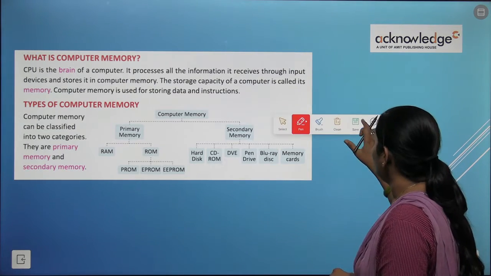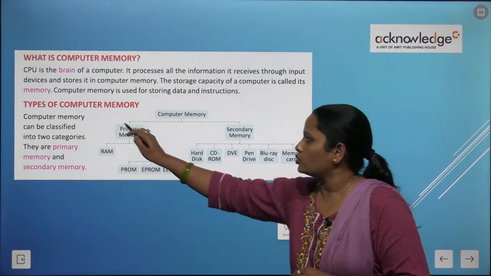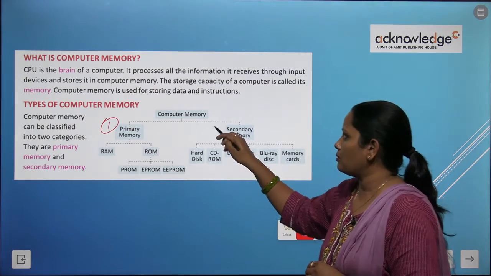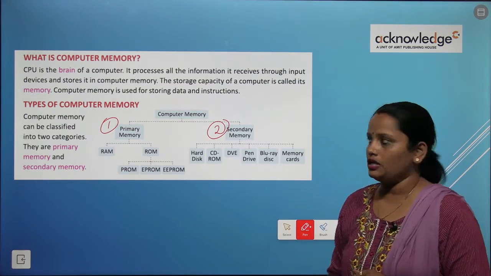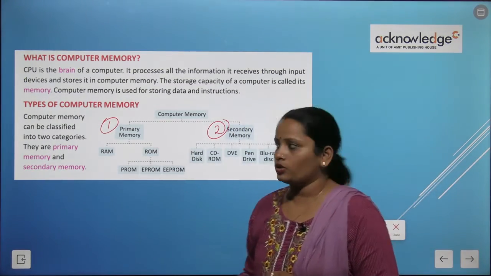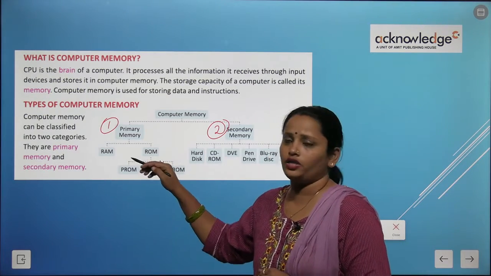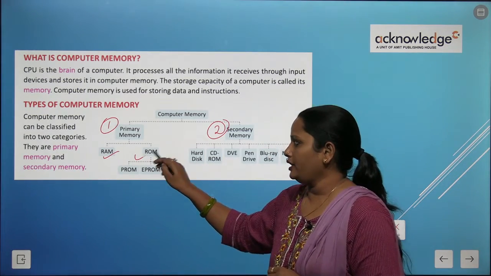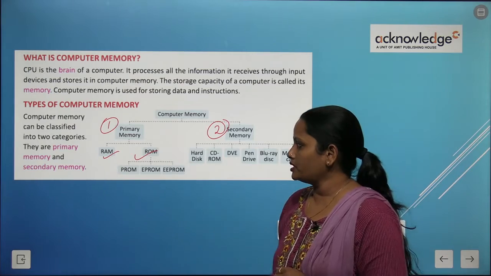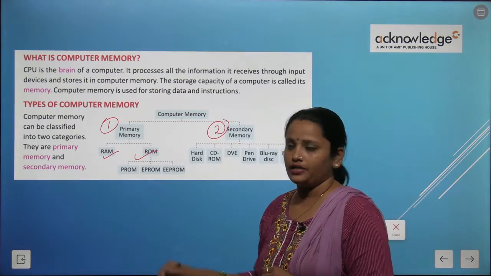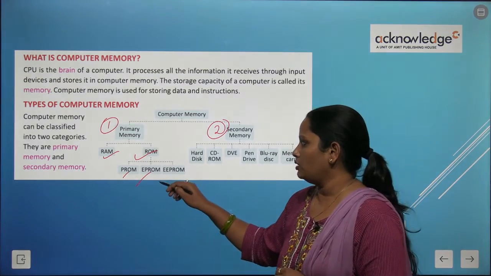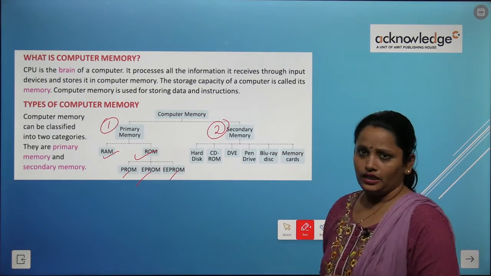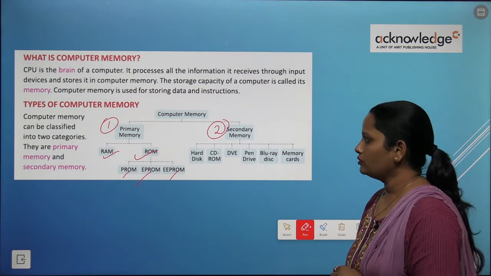So in this the computer memory is divided into the first part that is primary memory and the second part the secondary memory. Primary memory क्या होती है? It is divided into two parts, RAM and ROM, and ROM is again divided into three parts, PROM, EPROM and EEPROM.